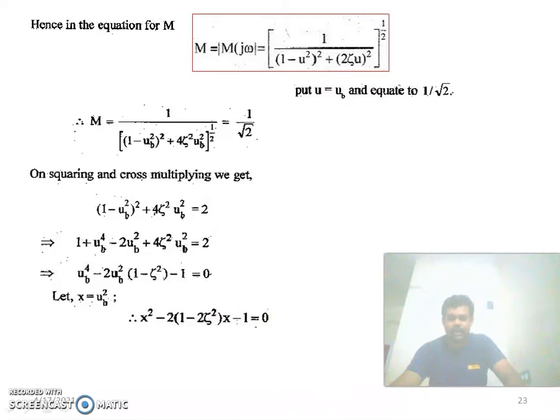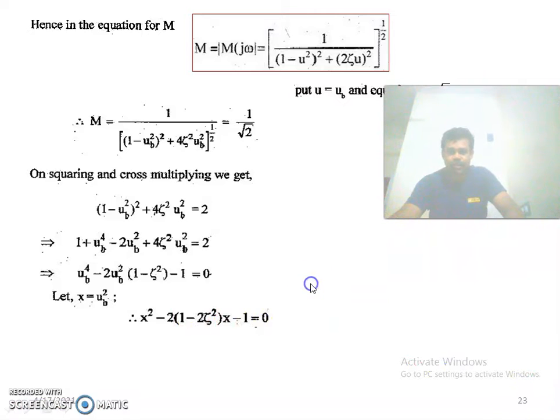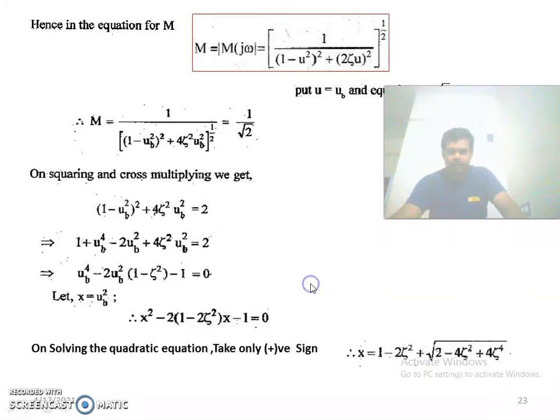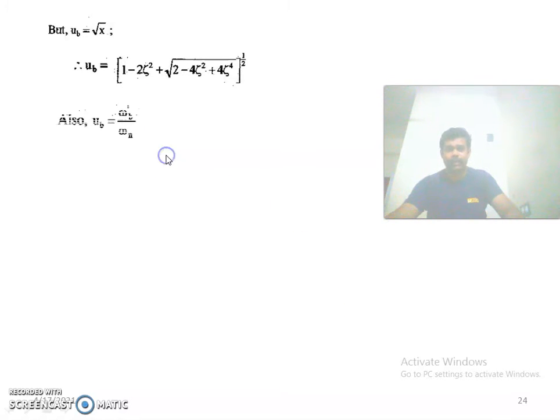This is a quadratic equation, and when we are solving the quadratic equation, we are getting the value of x as 1 minus 2 zeta square plus square root of 2 minus 4 zeta square plus 4 zeta to the power 4. But ub is nothing but square root of x. So we are substituting and we are getting the value of ub.